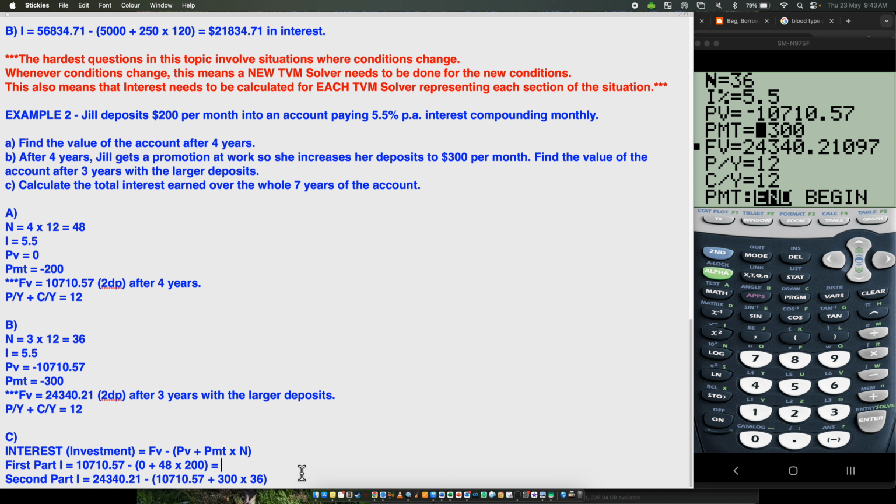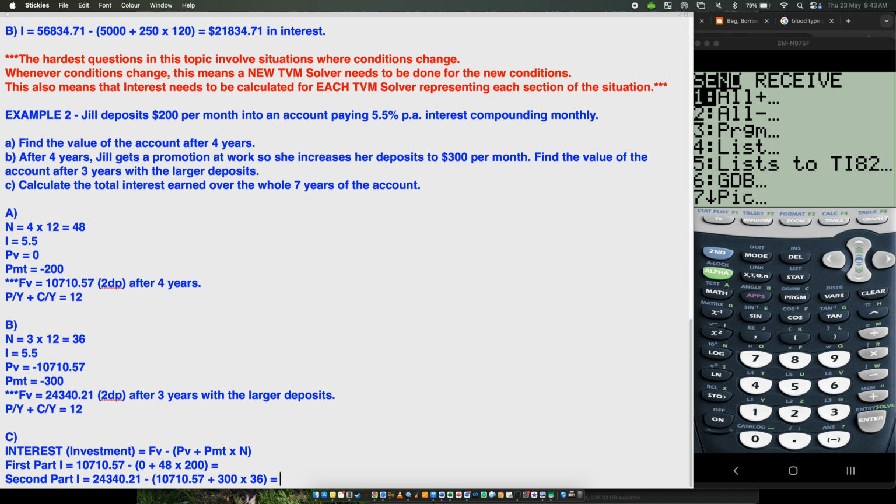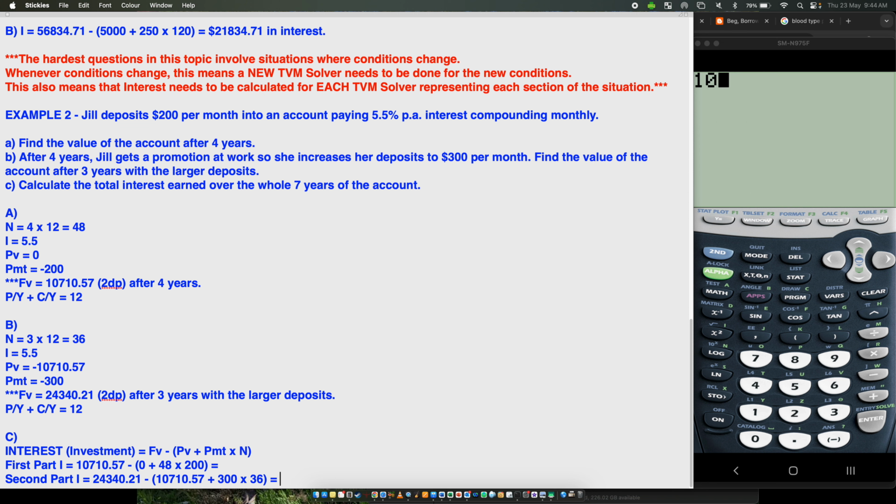So I'll do that working now. $10,710.57 minus 0 plus 48 times 200 is a number, and I'll also answer the second part now. 24,340.21 minus 10,710.57 plus 300 times 36 gives $1,110.57.